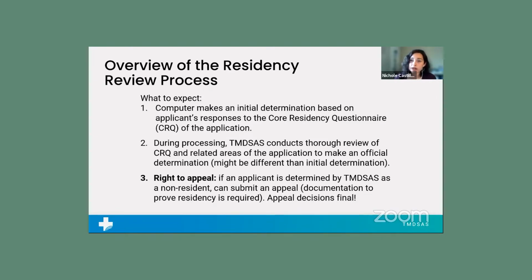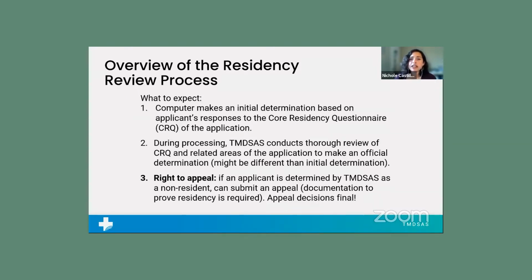Then there's a third part to this that might not apply to everyone or even most people, but if an applicant is determined by TMDSAS as a non-resident, then they do have the right to appeal that decision. So they will initiate that process. There are instructions on how to do that, both in our handbook and on our website, and your applicant liaison can help guide you through that process.